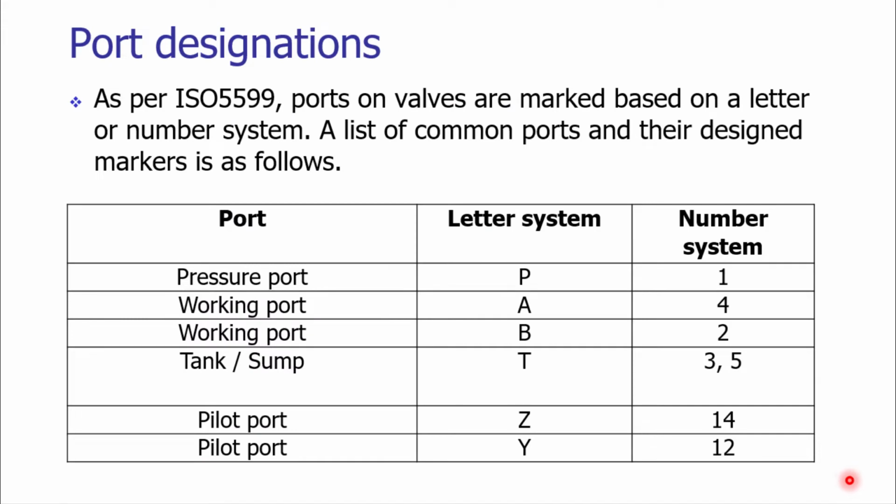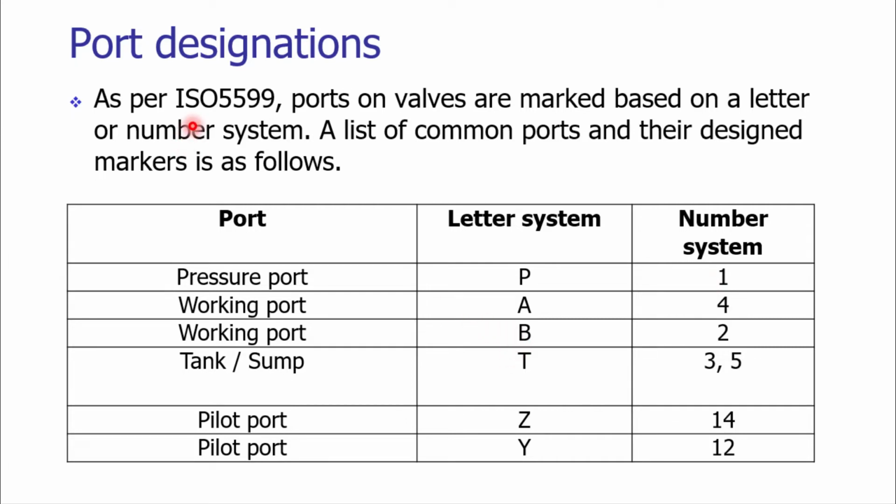Now let us look at what are the port designations as per the ISO 5599. So on your screen you can see the various ports that are used in a typical hydraulic system. As per ISO 5599 or as per the various designation systems, we can use a letter or we can use the numbers as well.